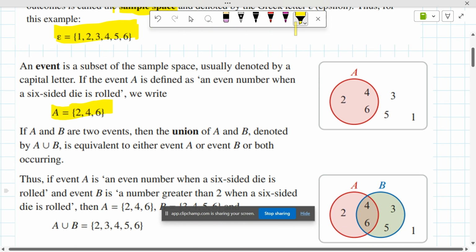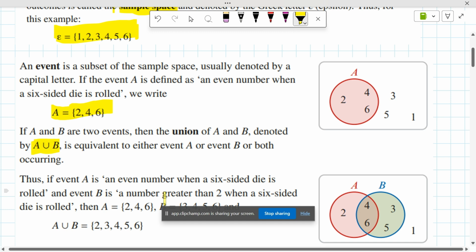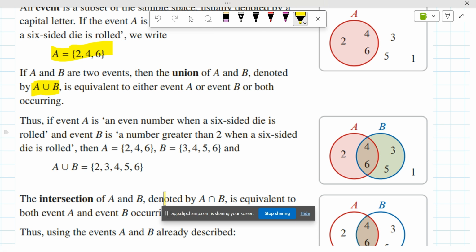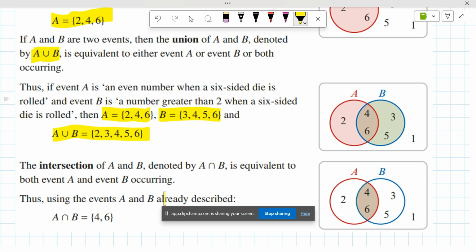If A and B are two events, the union of these two we call A union B, so both occur. If A is the even numbers on a six-sided die and B is greater than 2, then A union B will be 2 to 6.